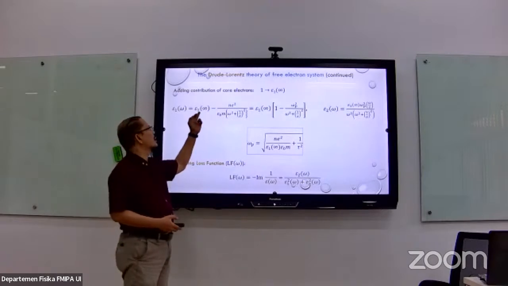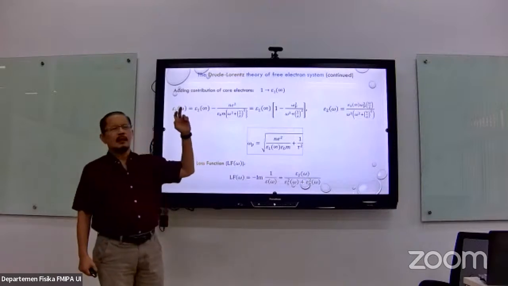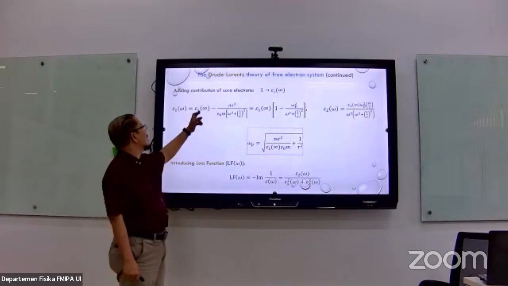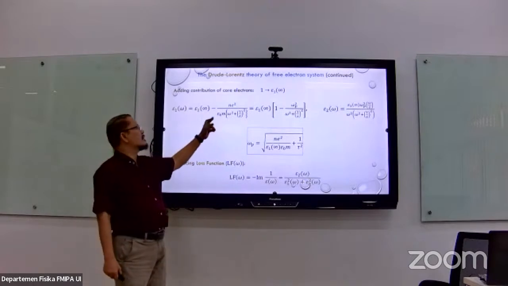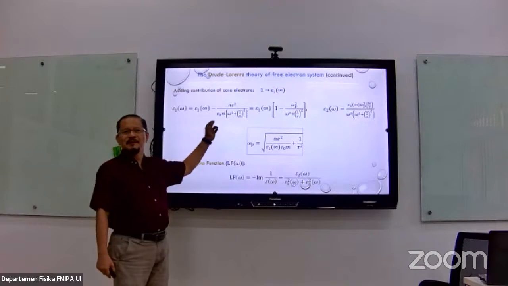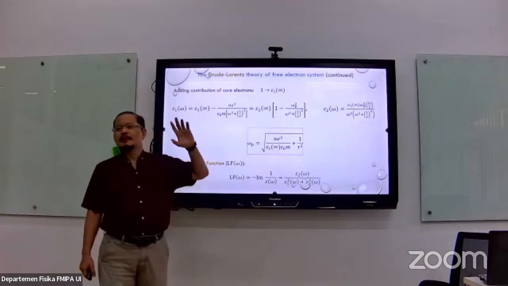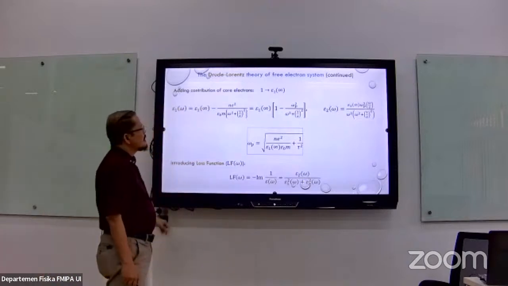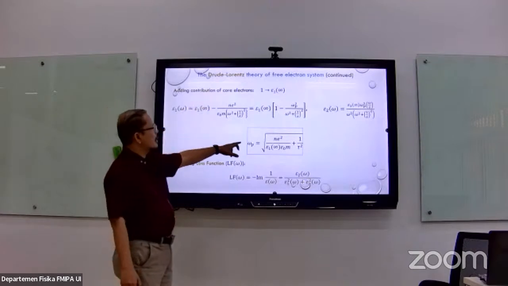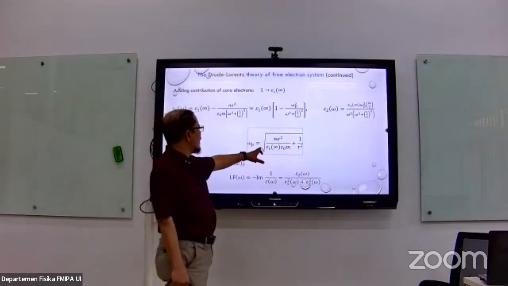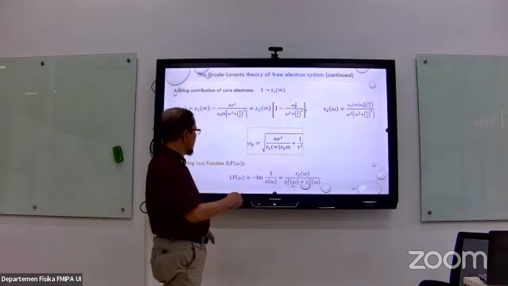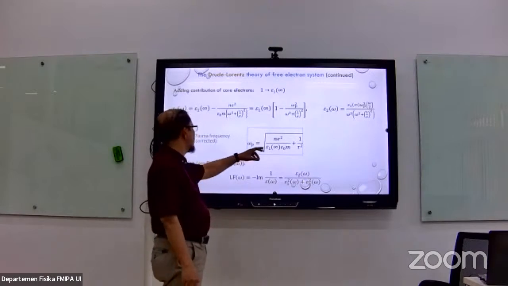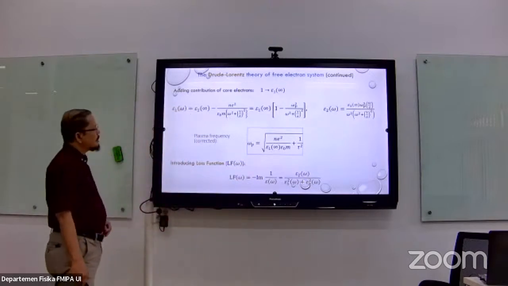Why do we put this symbol? It is simply because when we take omega going to infinity, this is the result. Okay, so that is the reason why we name it epsilon 1 infinity. So this is just a correction. So finally, after the correction, this is the formula of the plasma frequency that we have. Okay.